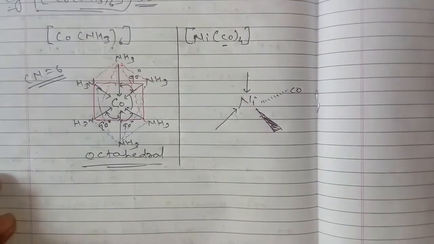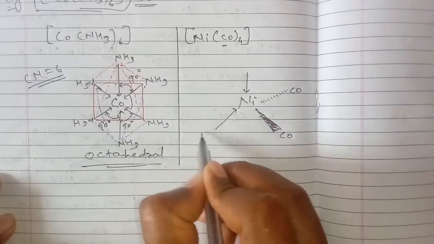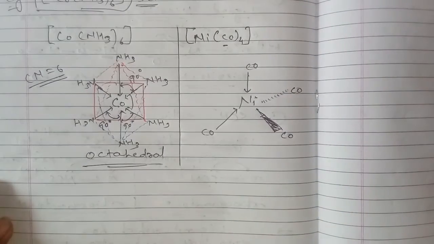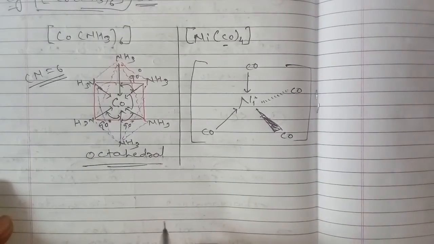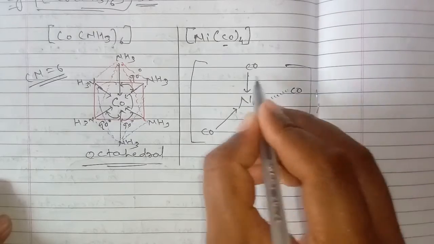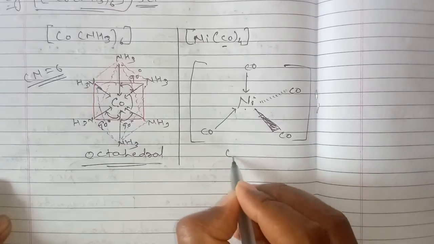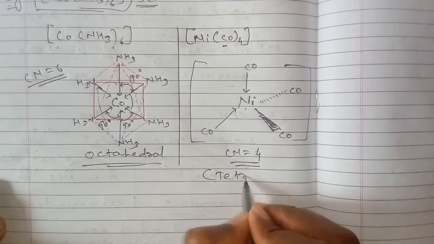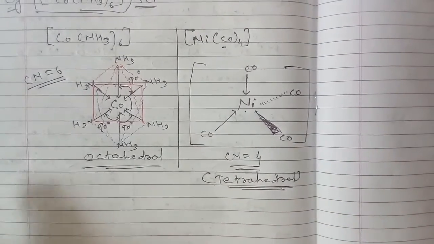It is carbonyl. The 4 carbonyl groups are bonded with the nickel central atom. Its coordination number is 4 and they are in tetrahedral shape.